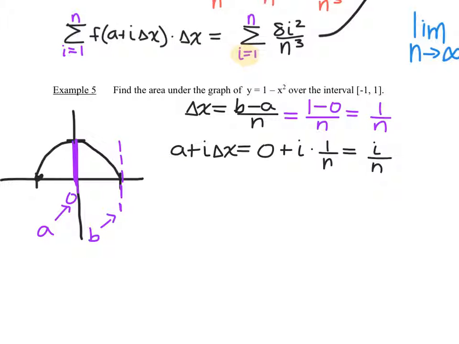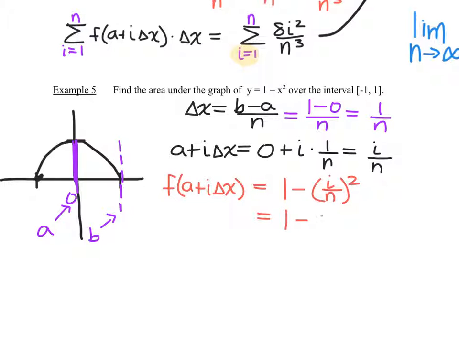All right. Next step in the process is to evaluate that function for a plus i delta x. Now the original function is 1 minus x squared. So 1 minus that i over n quantity squared. All right. So this is where we're saving ourselves time and energy, right?